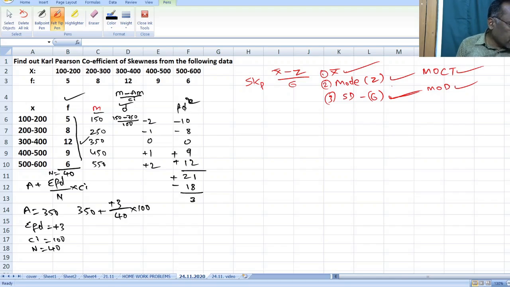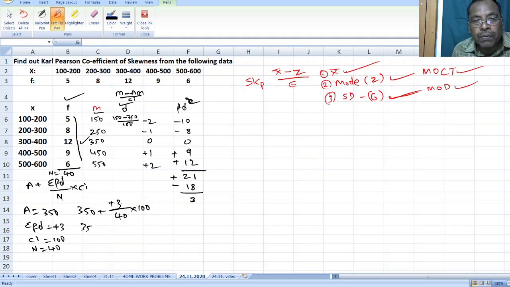What is the value you get now? You have to divide 3 by 40, or else you multiply 3 with 100.